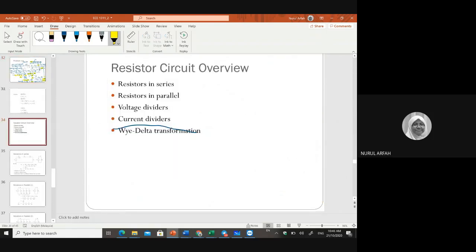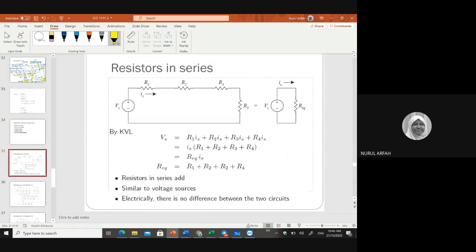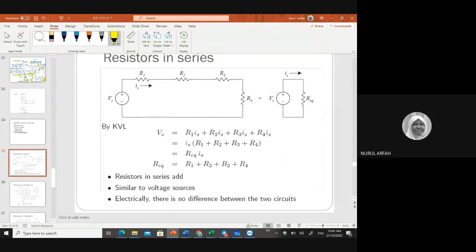We're done with that. Resistor in series and parallel. Now this is just a recap. Resistors in series, you can add up, you can total it up. How do they derive it? By applying KVL. You apply KVL around this loop and you get this equation.